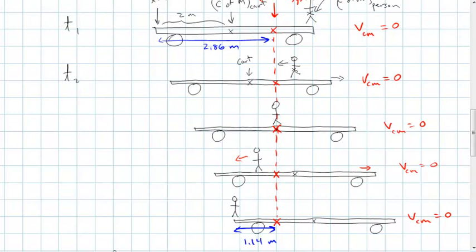The cart started out 2.86 meters to the left, and as the person walked across the cart, it ended up at the end only 1.14 meters to the left of the red X. So how much did the cart move? That distance is 2.86 minus 1.14.